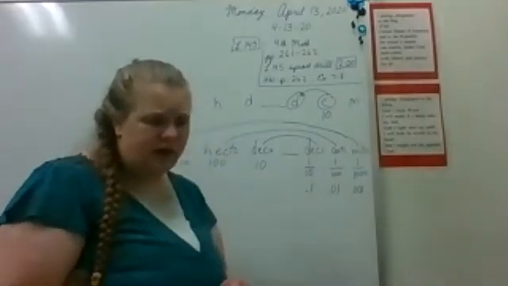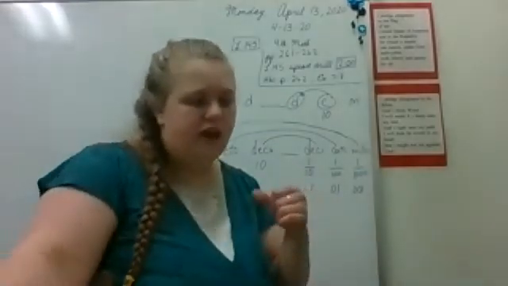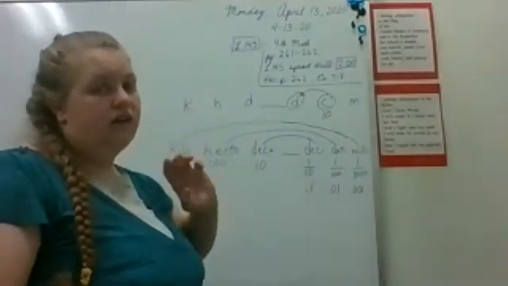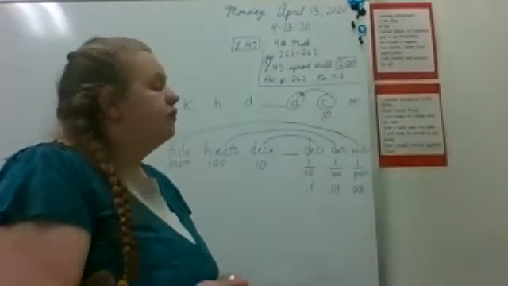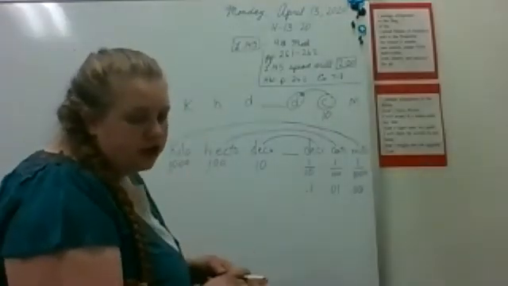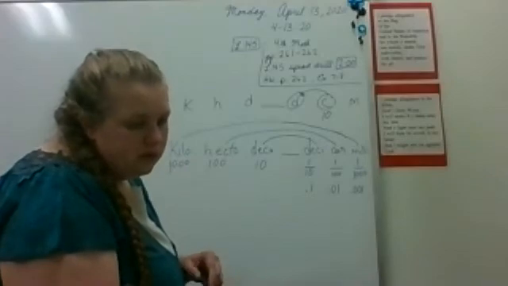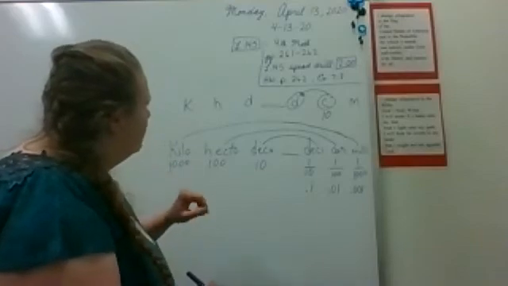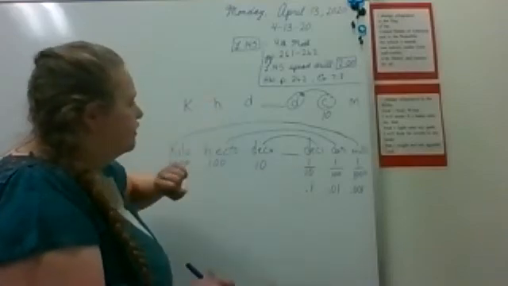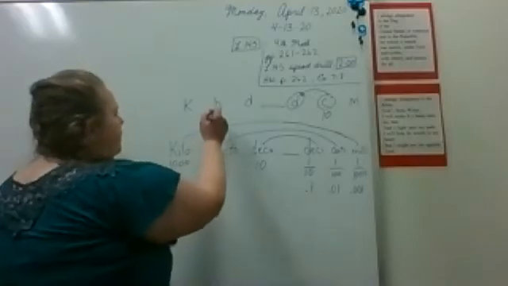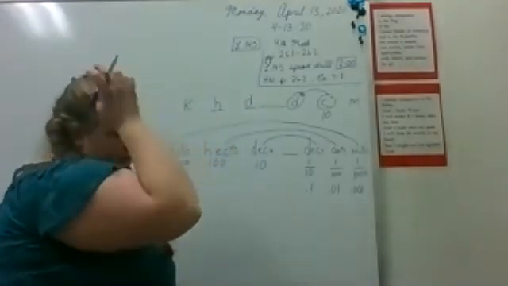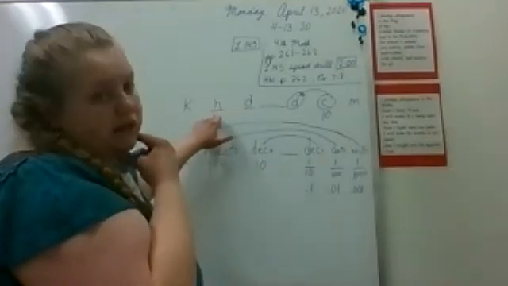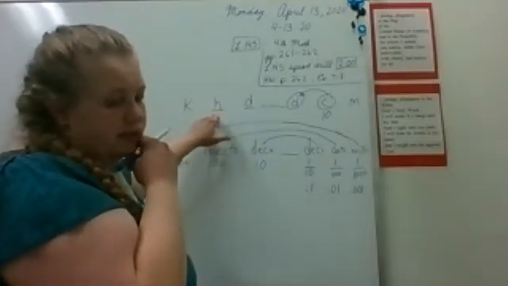I want you guys to be able to get these and to understand them, okay? So however many places you go, you multiply that. So basically you add a 0. Actually the only other one is hectometer to decameter, okay? So how many decameters are in a hectometer?